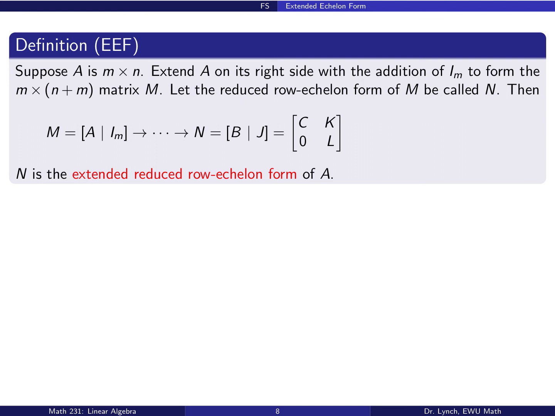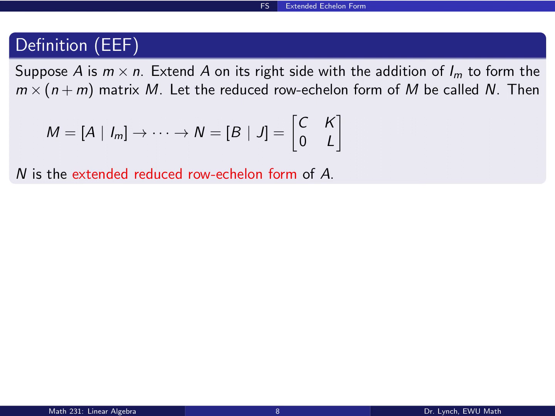What you end up with is a matrix B that's exactly the matrix A in its reduced row echelon form, and a matrix J that tracks what happens to the matrix I, the identity, by reducing A to reduced row echelon form.